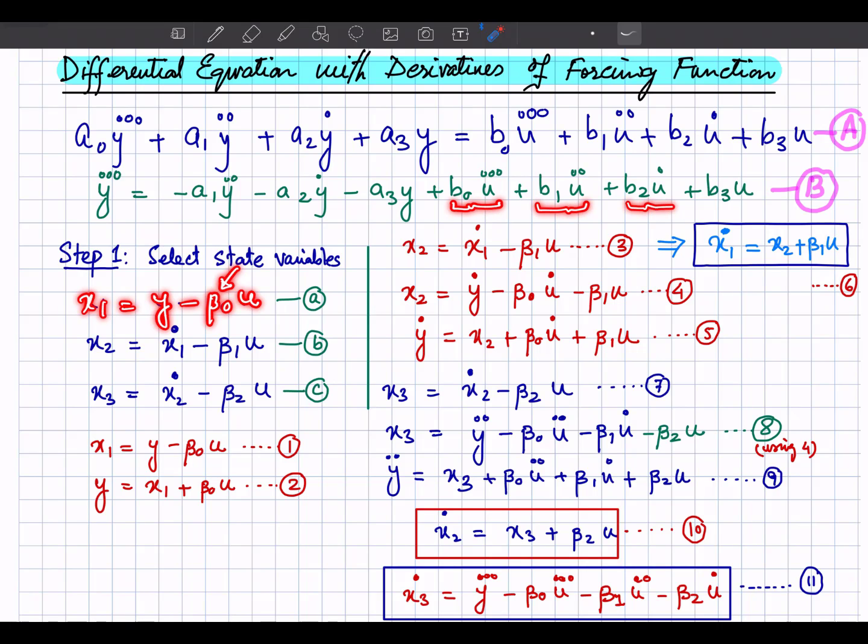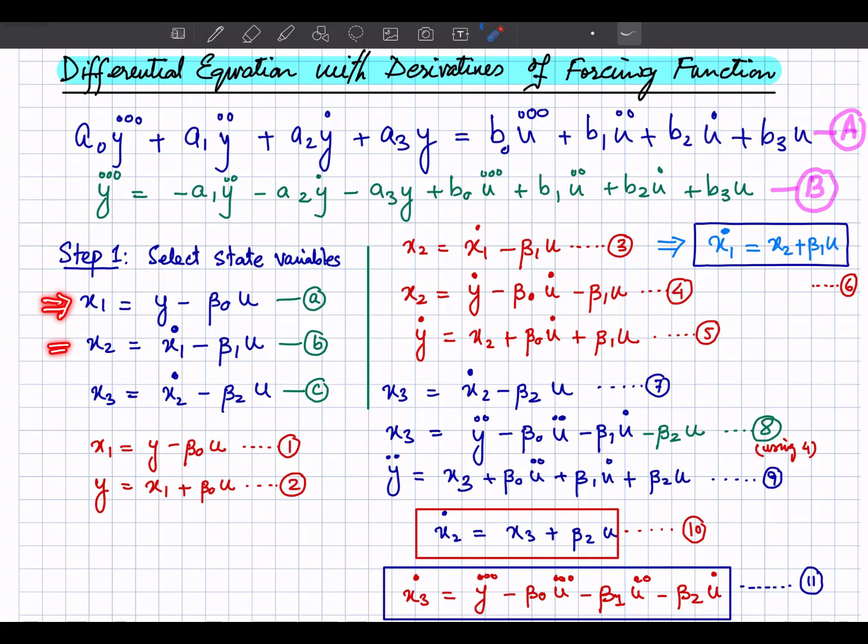So all these terms will be made 0 by selecting a suitable value of this constant beta naught. Okay, so the first state variable is x1.